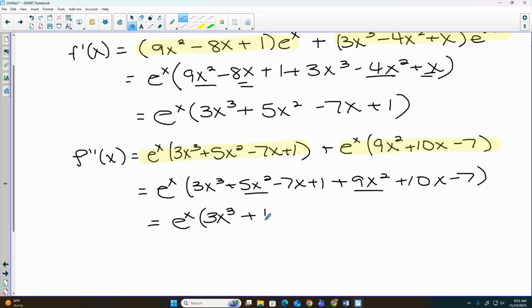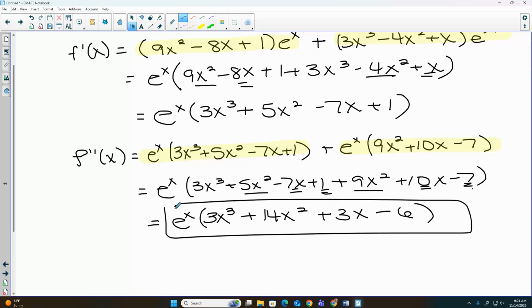Did you guys do okay? Yep. Alright. 14x squared plus 3x, 1 minus 7 would be negative 6. And that is finally my second derivative here.